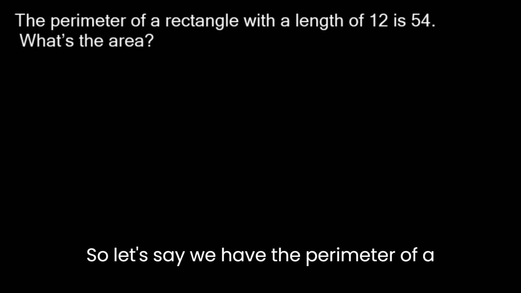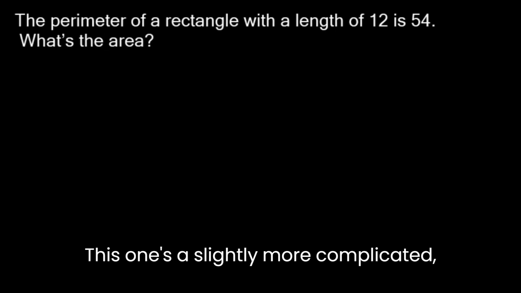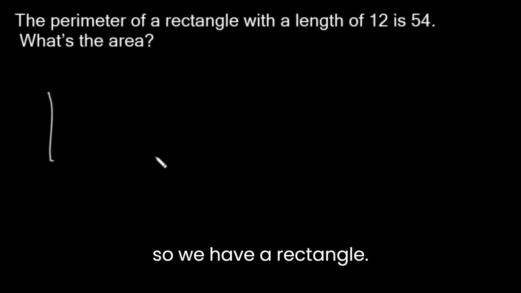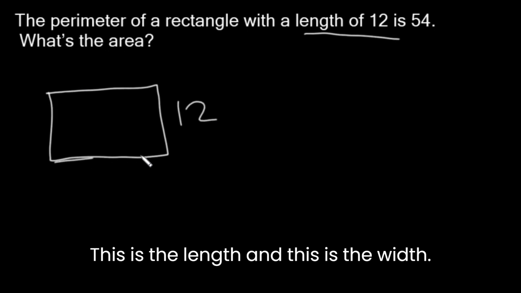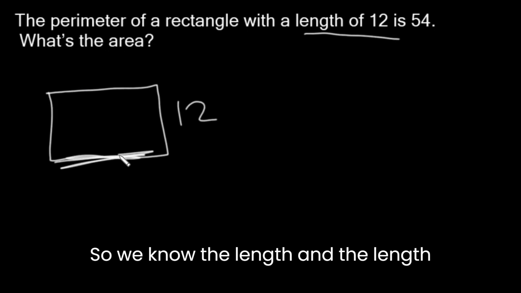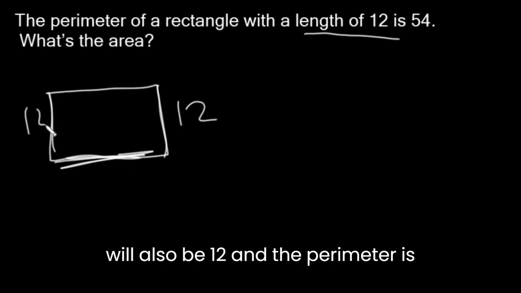So let's say we have the perimeter of a rectangle, and we want to find the area. This one's slightly more complicated. So we have a rectangle. This is the length, and this is the width. So we know the length, and the length will be the same on both sides. So this will also be 12. And the perimeter is 54.